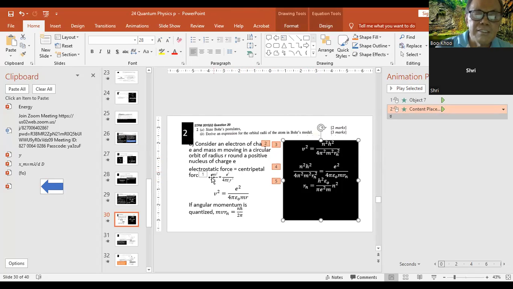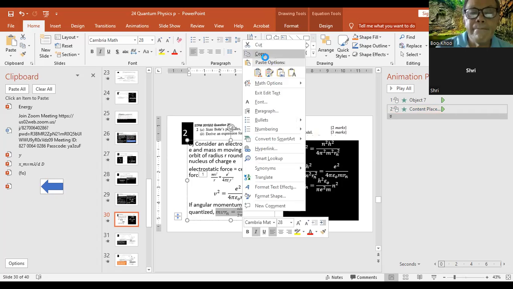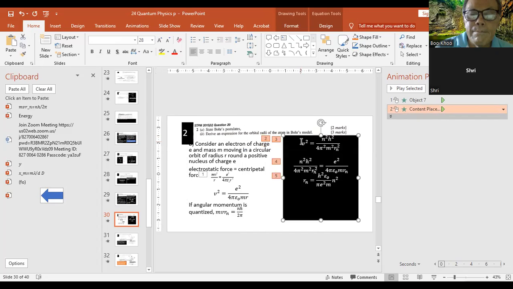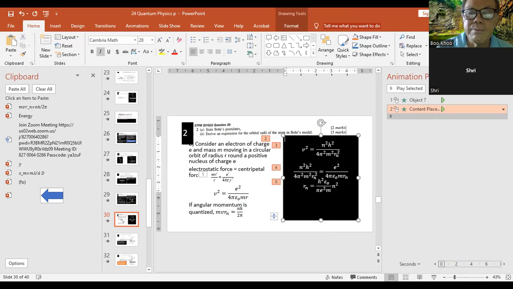That's your centripetal force. That's electrostatic force. There's a second term. I just missed out one step here. That's all. Maybe you can add a step in so it becomes clearer for you.